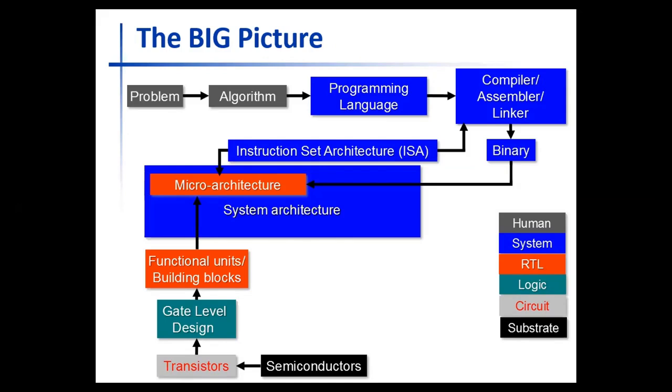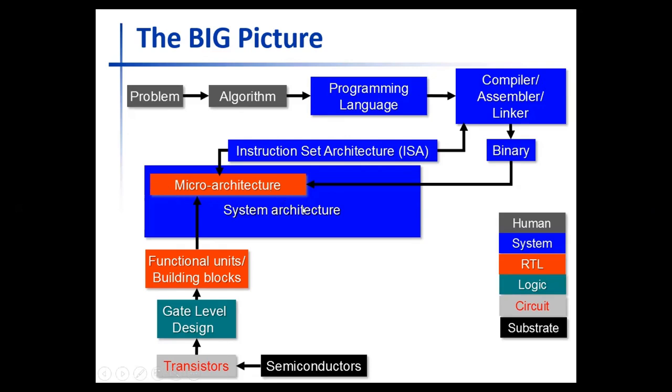So here we have everything about a computer system, a cross section of a computer system, if you will, right? You can see there are different things here, starting from problem, algorithm, programming language, compiler, assembler, and so on, down to microarchitecture.